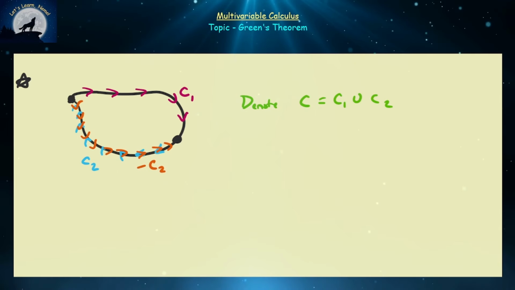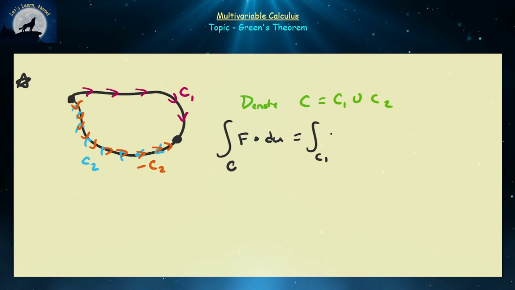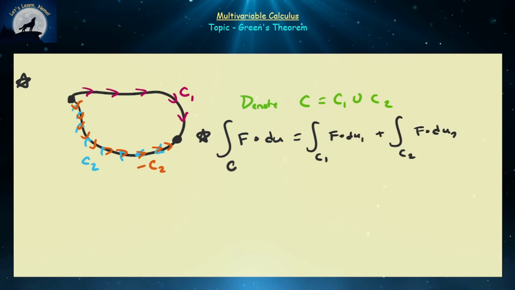Okay, so then the integral over c of f du will be equal to the integral over c1 of f du1, let's say, plus the integral over c2 of f du2. Right? So we have that particular relation, and keep in mind, that's going to be true for any vector field f. It doesn't have to be conservative.